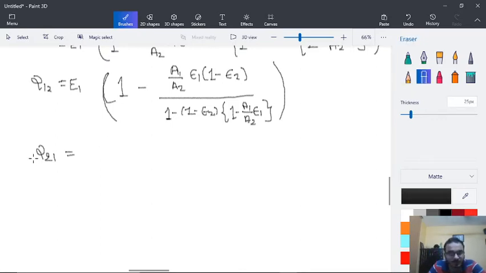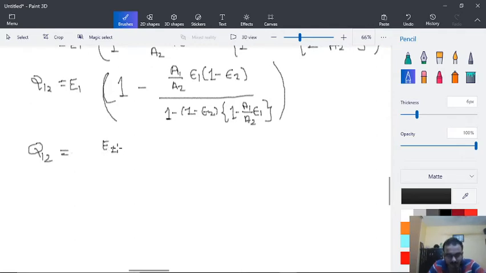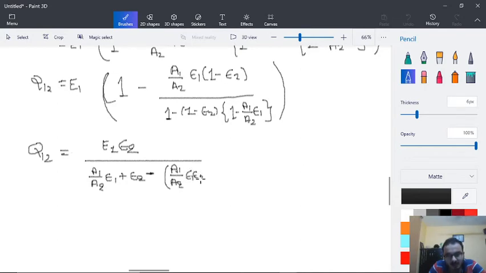Here one more thing, that we will not go into detail of this right now, but we can simply write down Q122, which is equal to, upon simplification what you will be getting is E1 epsilon 2 divided by A1 upon A2 into epsilon 1 plus epsilon 2 minus A1 upon A2 epsilon 1 epsilon 2.